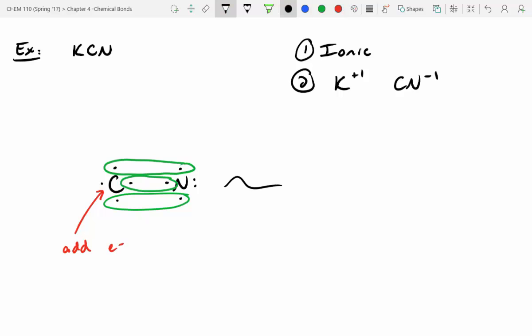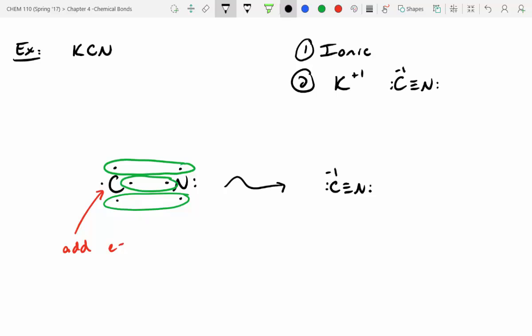Which means when all is said and done, this is a carbon-nitrogen triple bond, where the nitrogen has a lone pair and the carbon has a lone pair, giving the carbon a -1 charge on it. So we can say, all right, this is carbon-nitrogen, and we've got -1 on the carbon. So this is an ionic compound, even though it contains that polyatomic anion, cyanide.